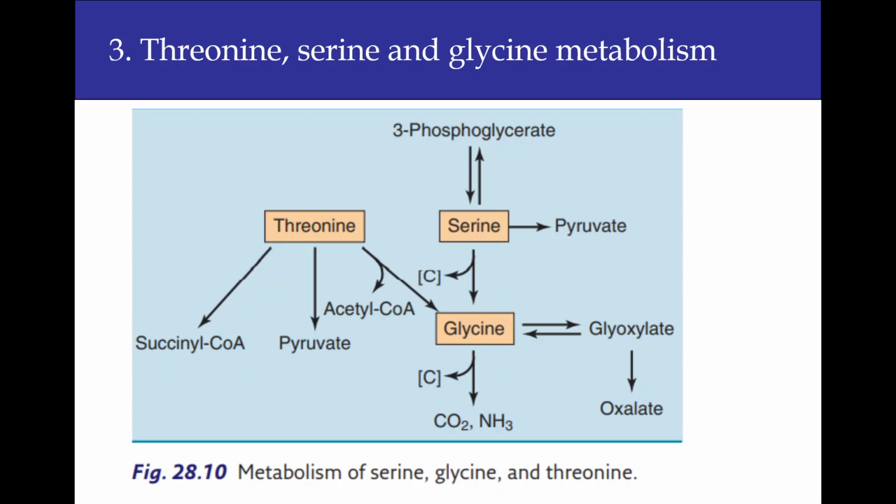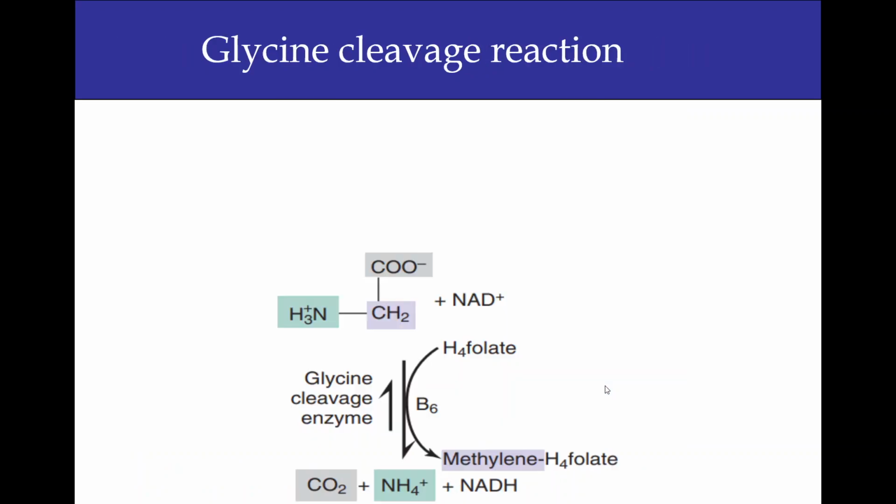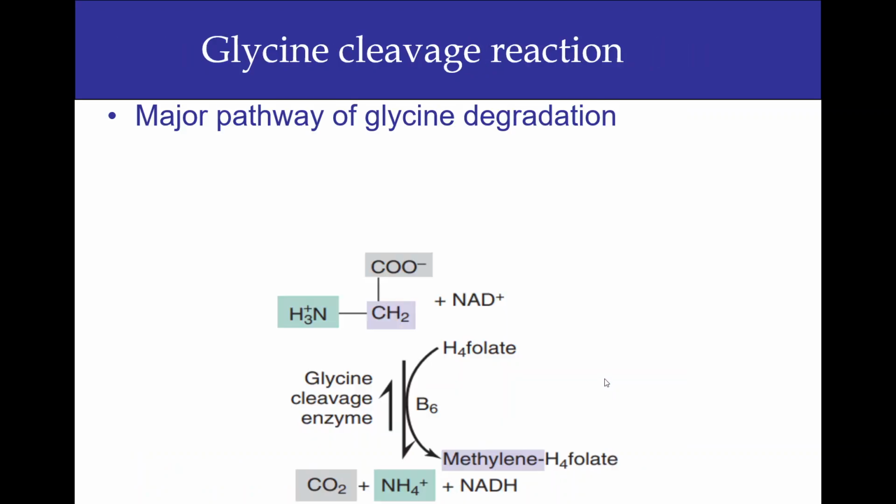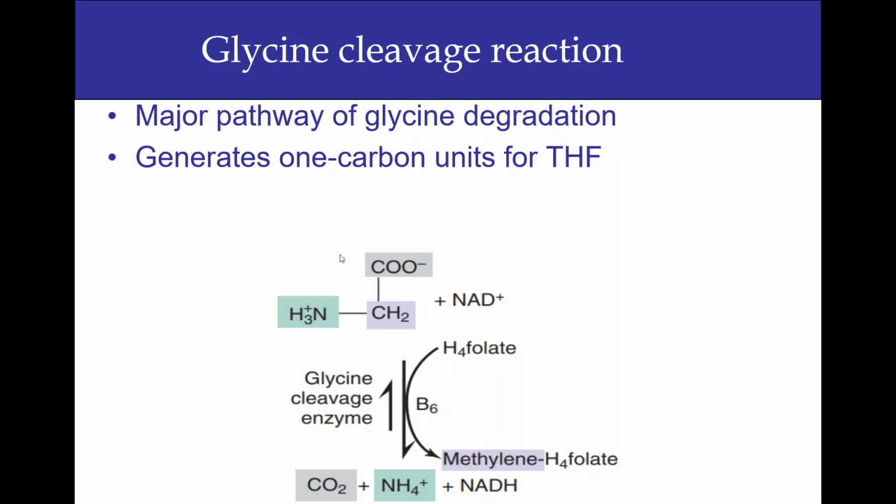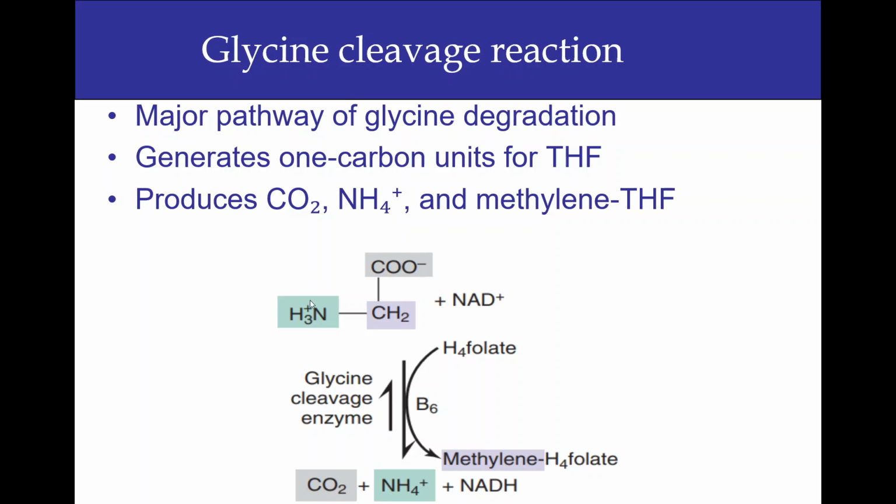Kidney? Yes, the stones. Kidney stones are formed of calcium oxalate, and the oxalate is coming from glycine. There are two fates for glycine. The major pathway for glycine degradation is this. This is glycine here.